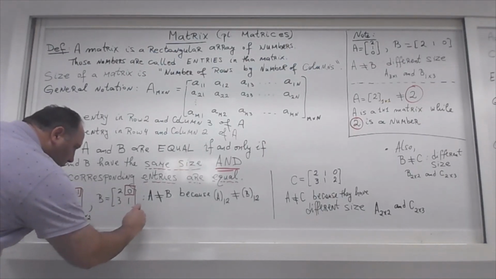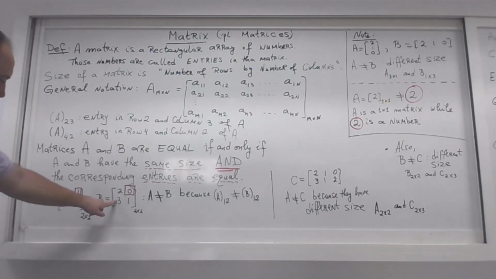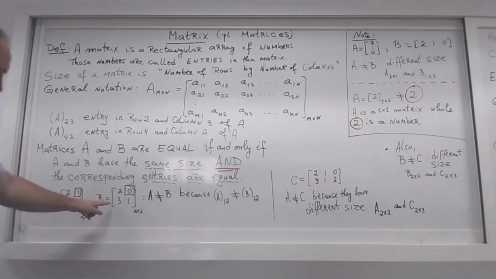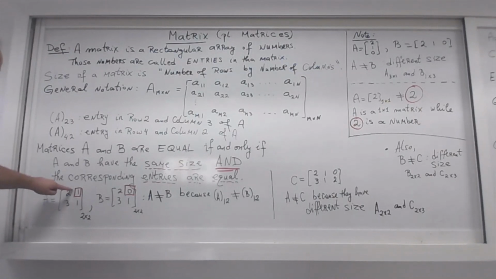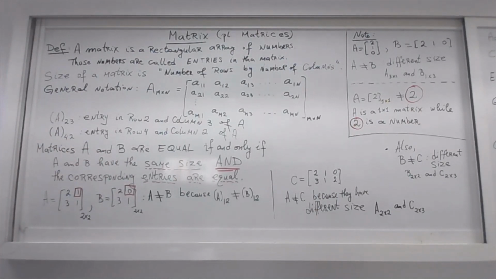But there's another part of the condition that says all the entries in corresponding positions need to be equal. So entry 1,1 from A is the same as entry 1,1 from B. Entry 2,1 from A is the same as entry 2,1 from B. Entry 2,2 from A is equal to entry 2,2 from B. But entry 1,2 from A, which is 1, and entry 1,2 of B, which is 0, are not equal.